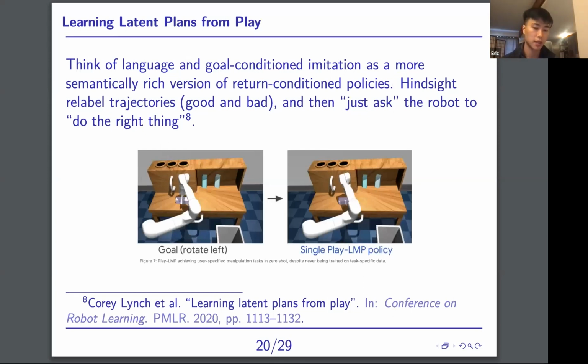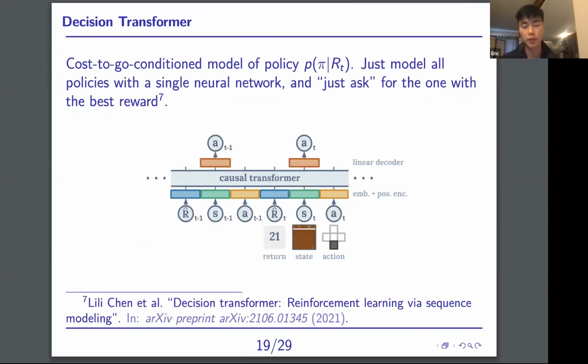Then you relabel the trajectories with what happened. Then you train a model to take in what happened and what it's looking at, and it produces the behavior that realizes that description. And you can get the robot to do many cool things in simulation. And so I think of hindsight labeling with language as a generalization of this idea of relabeling what happened as a goal.